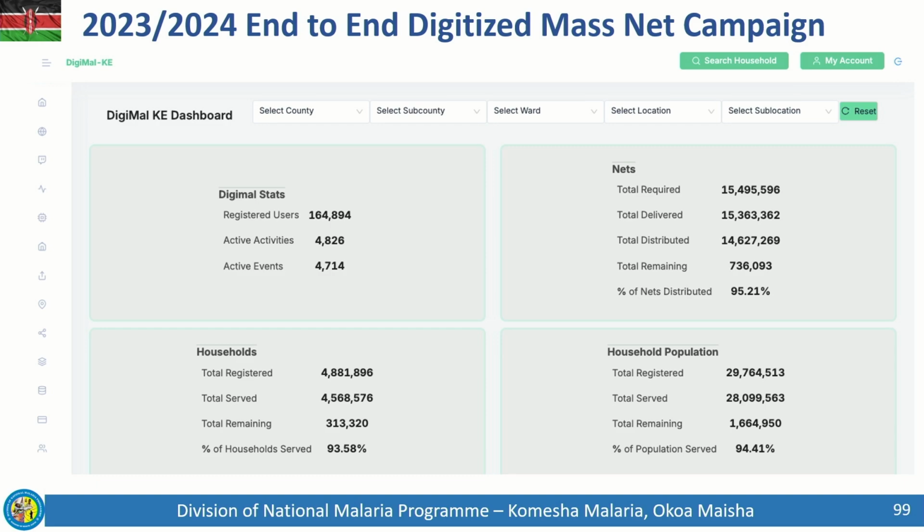And the USSD code was the one being used, and therefore we needed a network. We used Safaricom at that point, but of course we had challenges in areas where we did not have good network coverage, and for that we had an offline system, where you do the registration and then you do the upload afterwards.